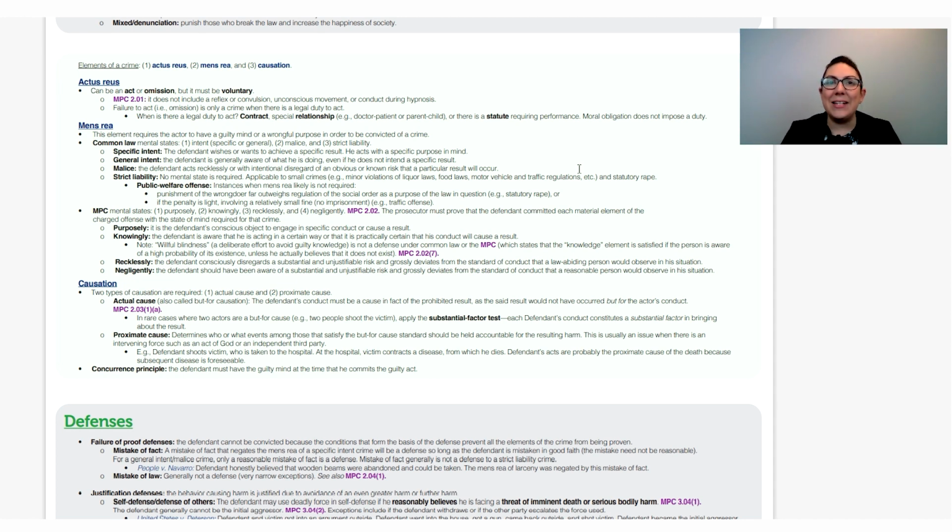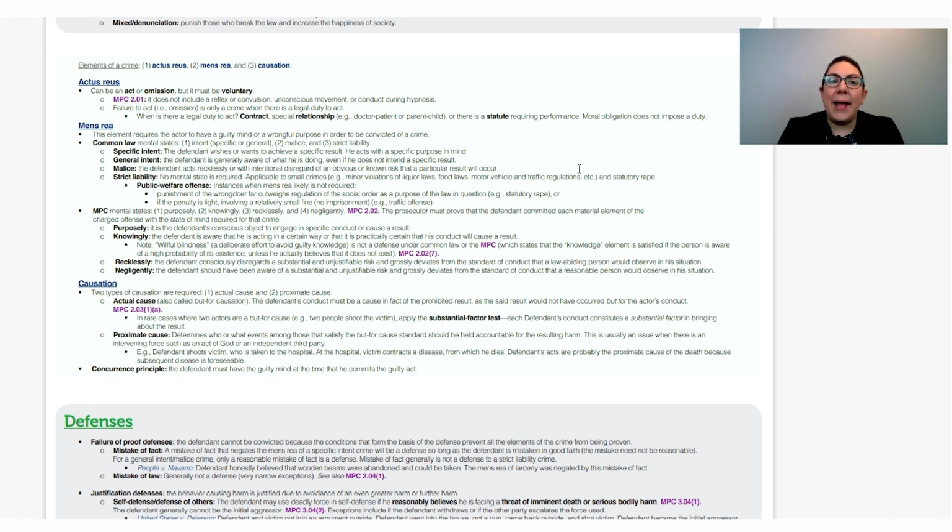It wasn't his intent to hit the victim with the baseball bat, but the defendant swings the bat, and the baseball bat grazes the victim and hits the victim. That would still be enough to satisfy the mental requirement for battery. Because even though the defendant didn't intend to hit the victim, his conduct should have led him to believe or know that this result could likely occur. So that would satisfy the general intent requirement.